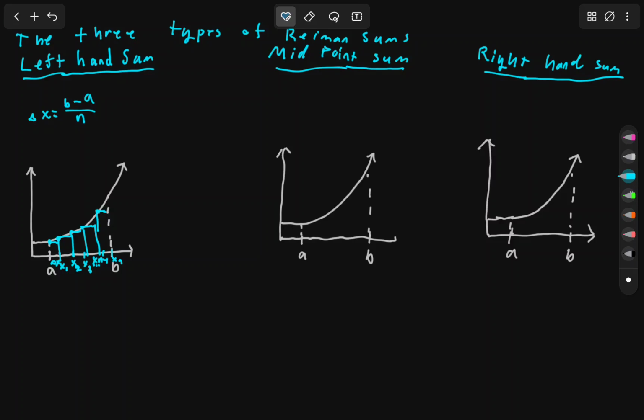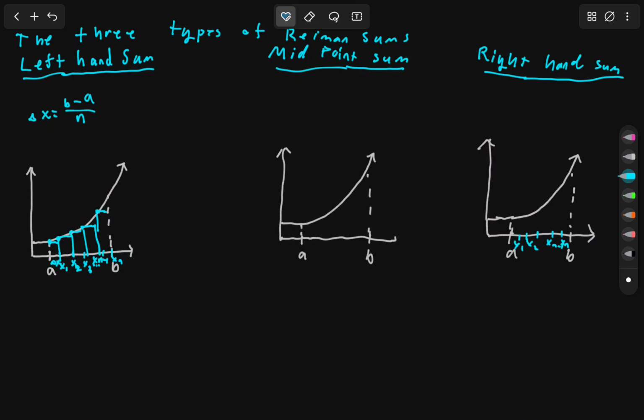The next way of approximation I would like to talk about is the right-hand sum. I know I'm skipping over the midpoint sum, but I feel it's important to really understand where it's coming from. The right-hand sum supposes we have the same n subintervals, so we still have x1, x2, x3, all the way until we reach x_{n-1} and then x_n.